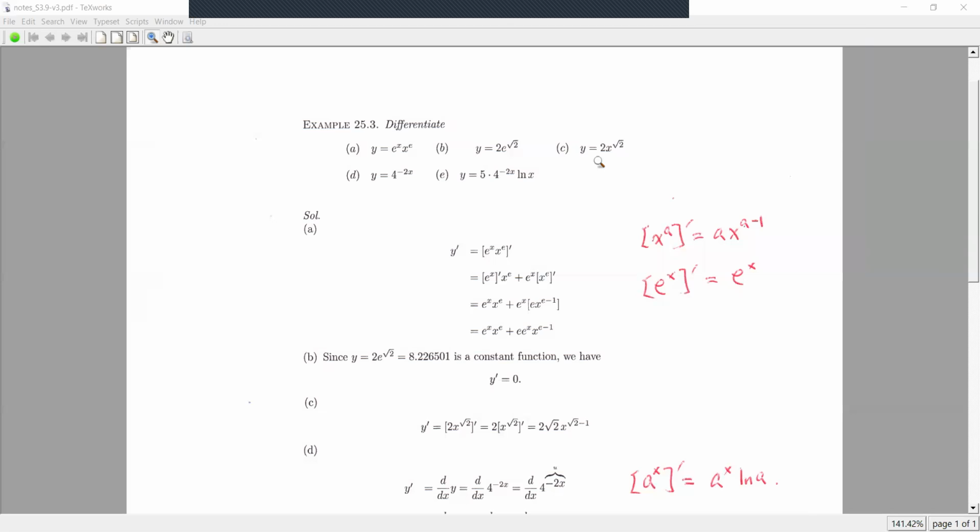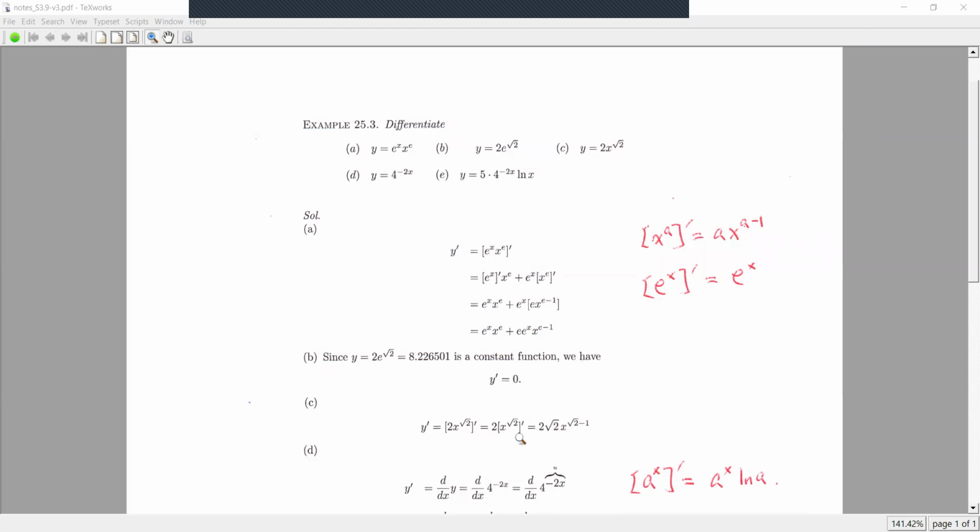Part C. The function in part C is 2 times a power function. The power is square root of 2. Now, take the derivative of this function. I first move the constant outside the derivative to get this equation.